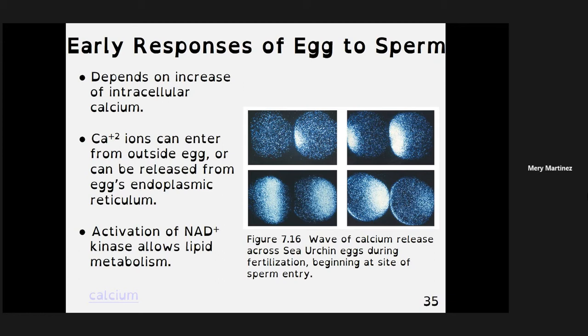If we don't have lipid metabolism, we won't be able to form the membrane of each of the blastomeres. So membrane synthesis is critical for cleavage. And this will also activate oxygen consumption, which will provide a respiratory burst to that egg.